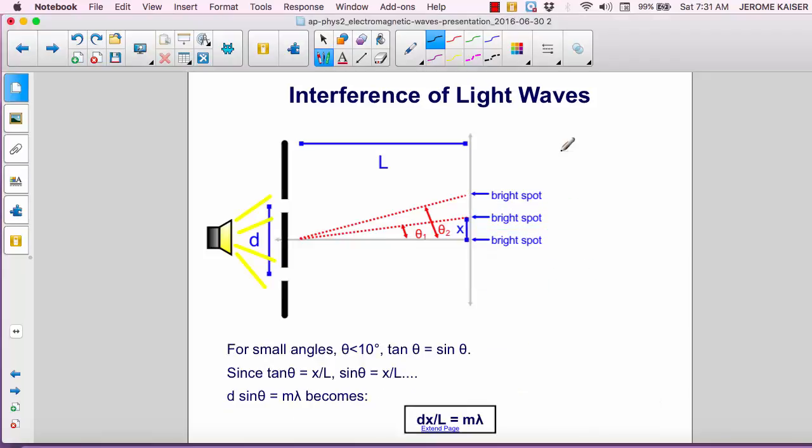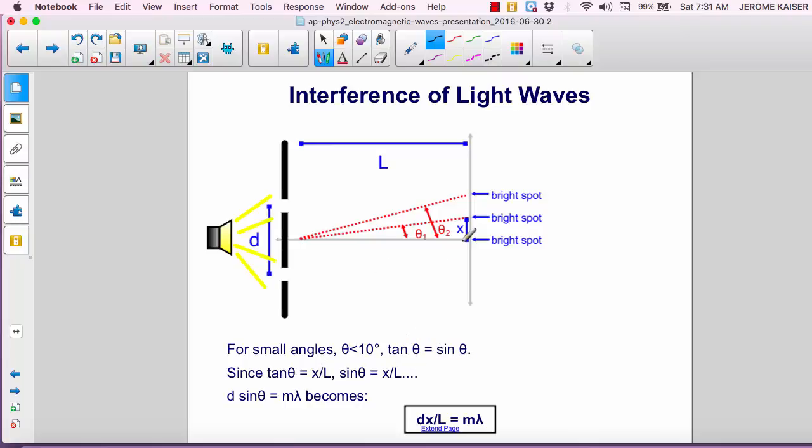In the case of light, the distance between the successive maxima, which we're going to call x, is very small relative to the distance between the slits and the screen, which we'll call L. So because we have small angles less than 10 degrees, we can approximate that the sine of theta is the same as the tangent of theta.